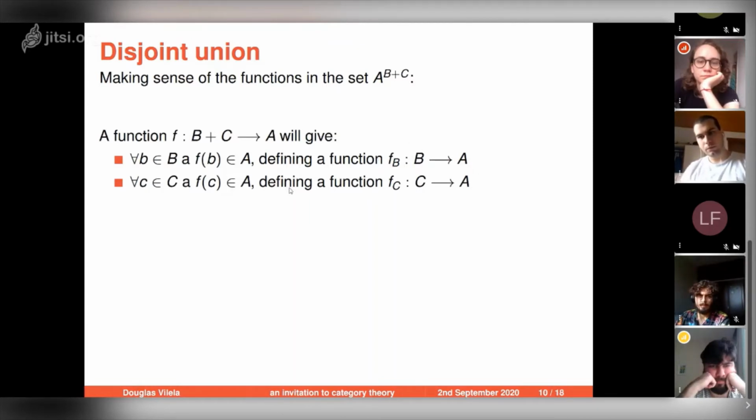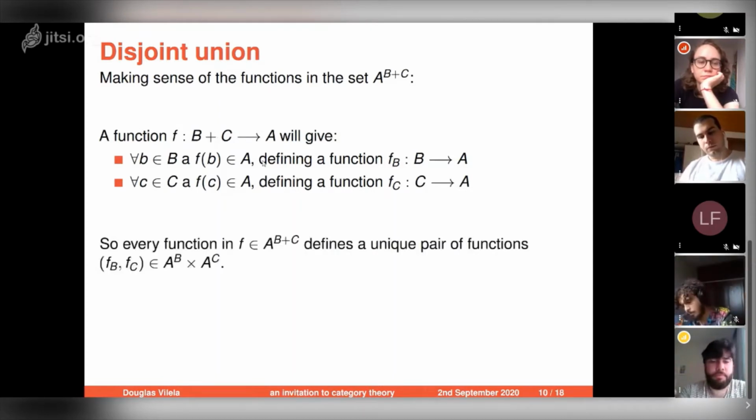So we can state that for every function in this set, the set of functions like that, we can define a unique pair of functions, each one from a different domain, but every one going to the same codomain.